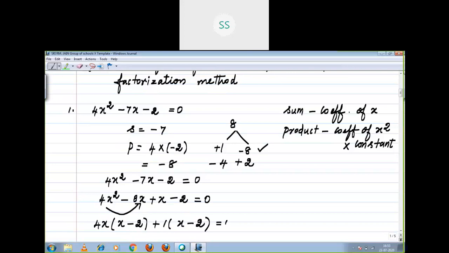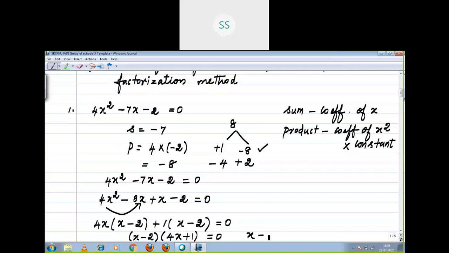This is equal to 0. One thing I want to repeat again, children. What you wrote here, the same thing you write here. The same term exists, so you put 1. Suppose if there is any other number, based on that you write the number outside. Now, x minus 2 is common, you have to take it out. Then what should be the rest? 4x plus 1 equal to 0.